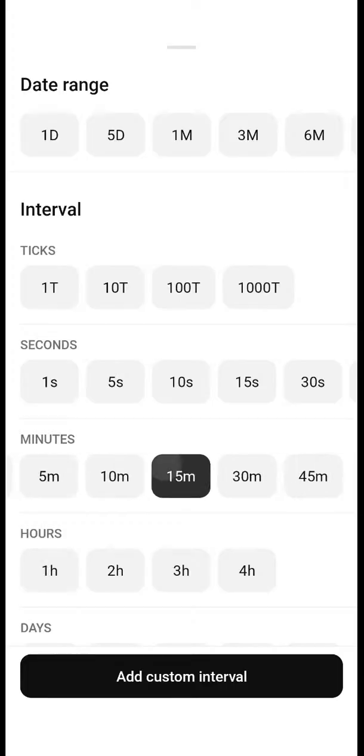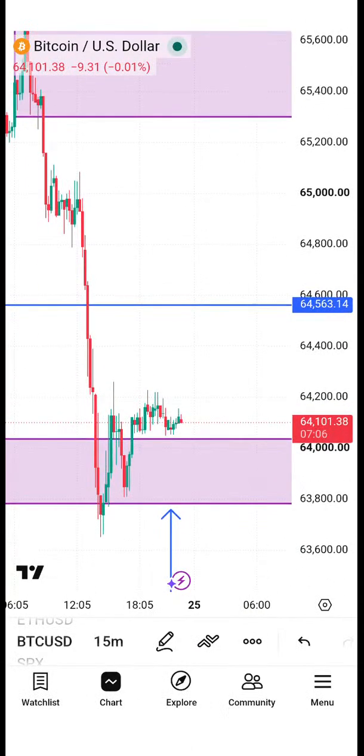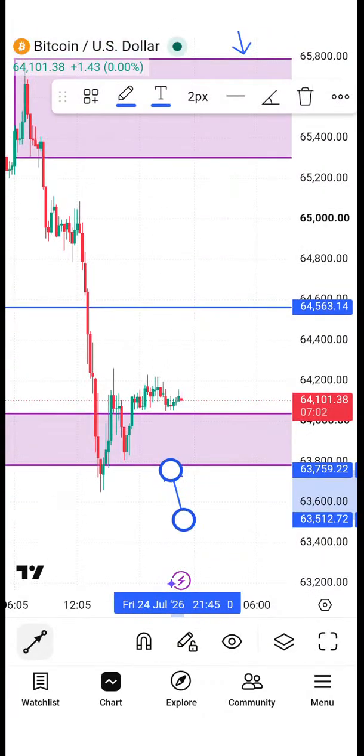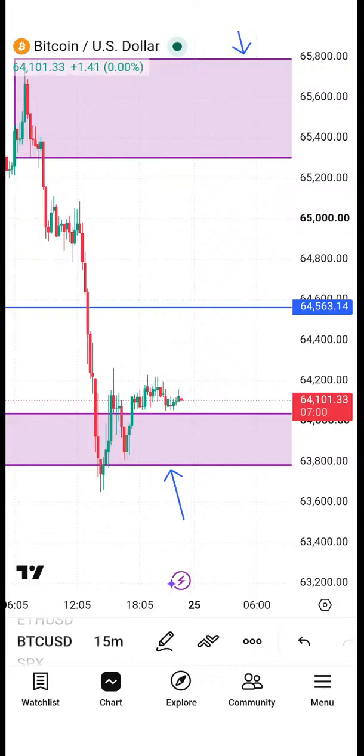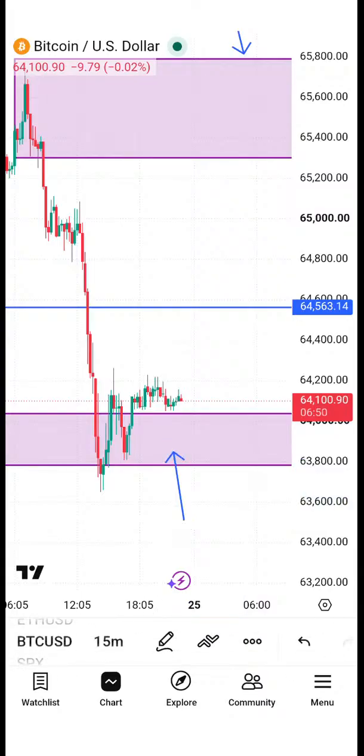This is Bitcoin. We're looking at Bitcoin, looking for an opportunity. So when price is at your key level or at your POI, you must look for a confirmation. You look for confirmation when price is right at the area where you are looking to take a trade.